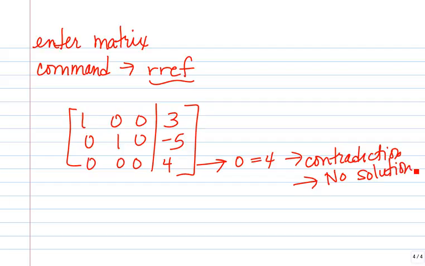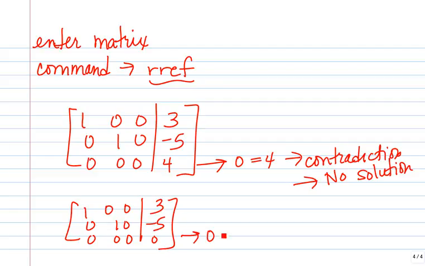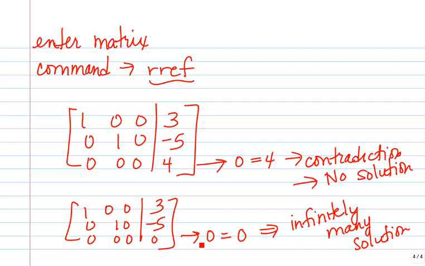And then the other thing to be mindful of is if you have a row that's completely made up of zeros, well, 0 equals 0 is the case that tells us that there are infinitely many solutions. And this is where you have a dependent system. And so you're going to have to solve where you have a variable, like maybe you have z, and then the other two, x and y, are expressed in terms of z.